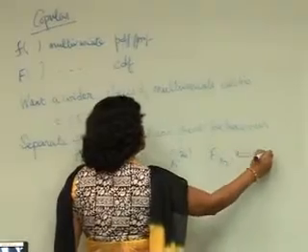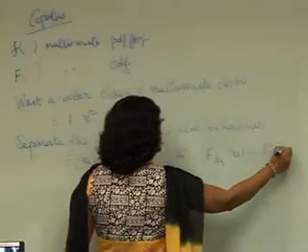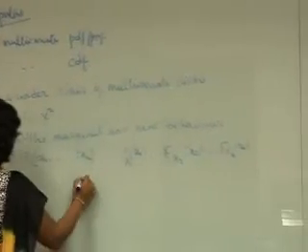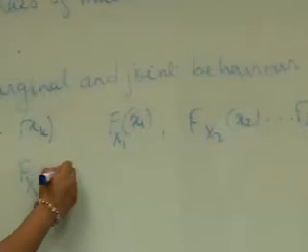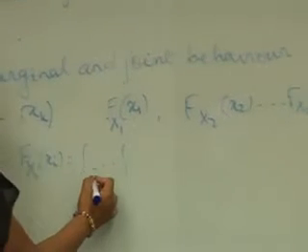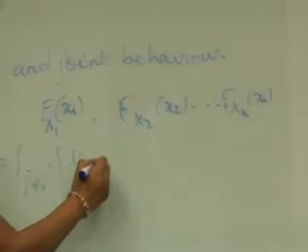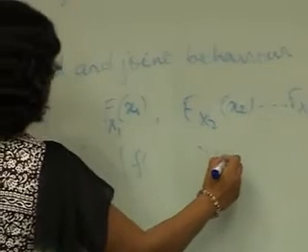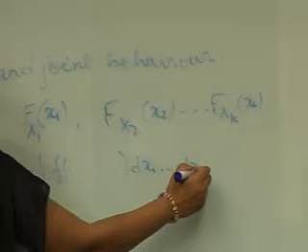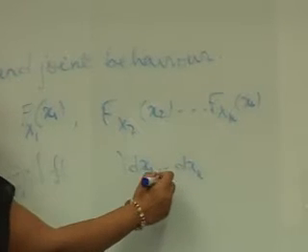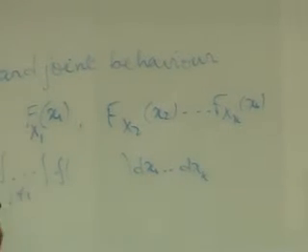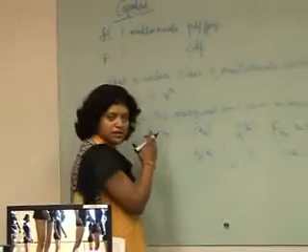So in general, f of xi is you integrate with respect to all the other variables, j not equal to i, of the joint density dx1 to dxk, but you do not have the ith thing. Okay, so you integrate over all the other things and then you get the marginals.